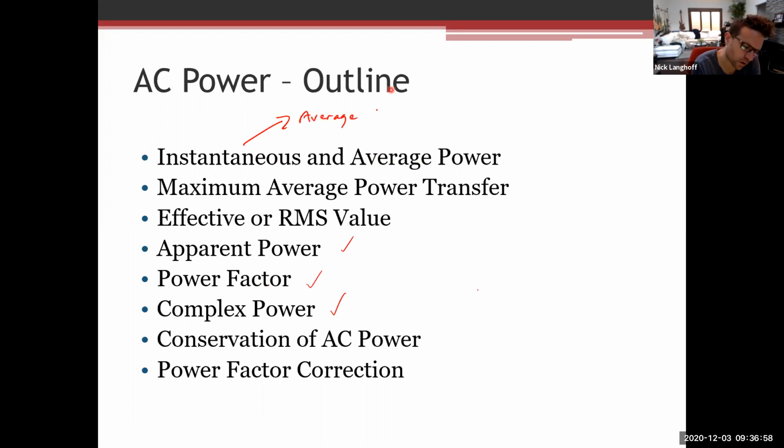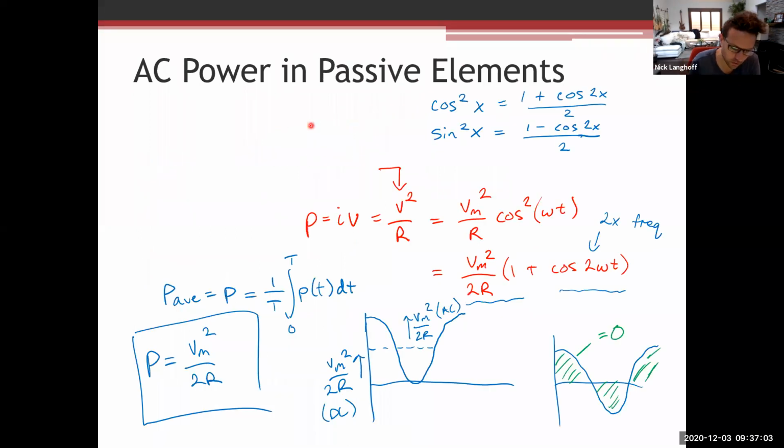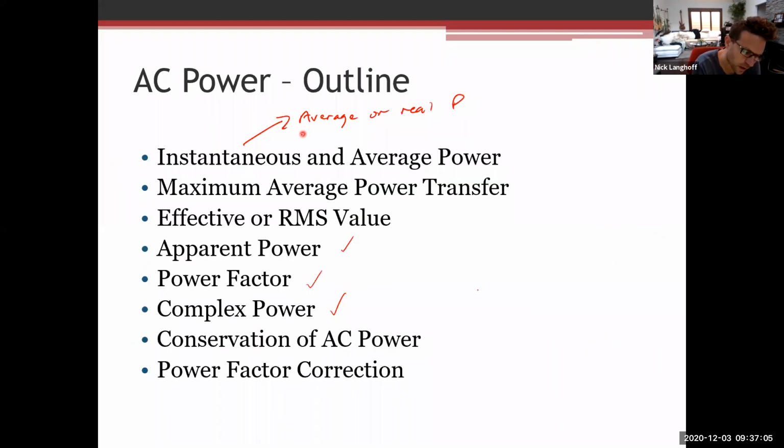The average or real power, which we called P, but there's also the reactive power that we called Q. We're going to see how all of these tie together: the real, reactive, apparent power, the power factor, and all of these things. And then we'll talk about power factor correction. Then a little bit about saving energy and AC power.